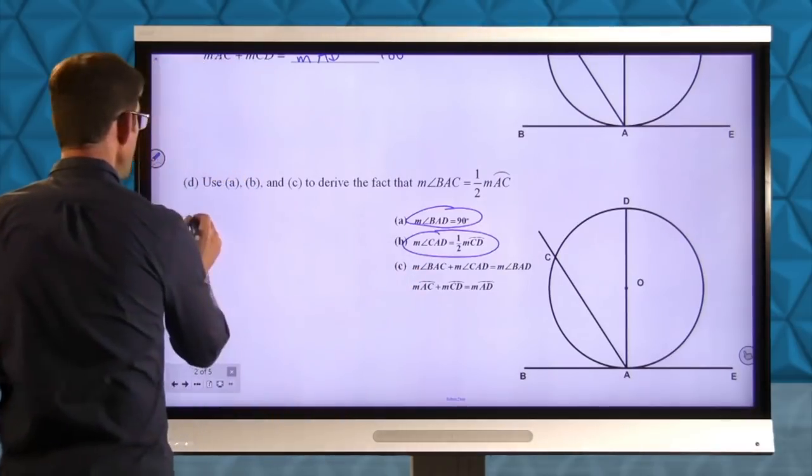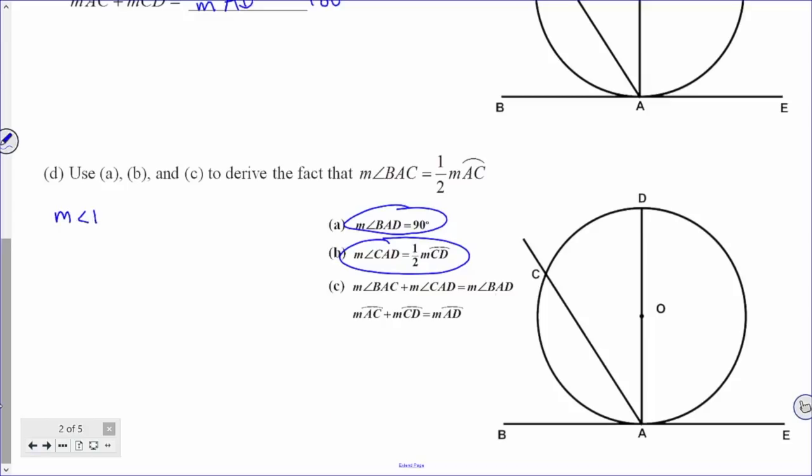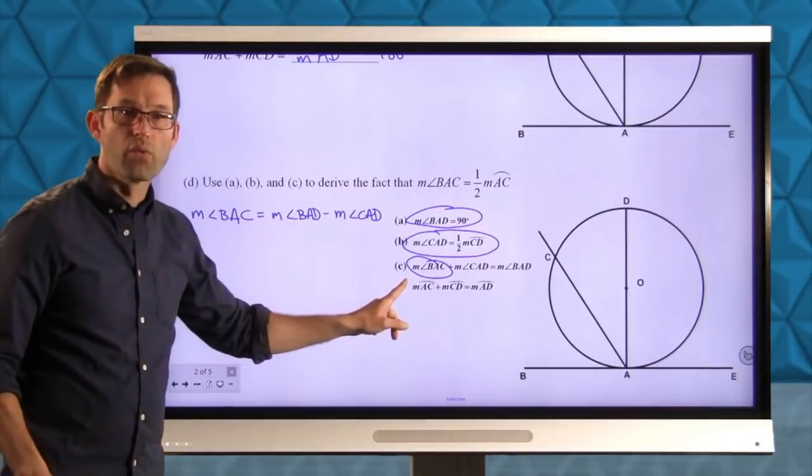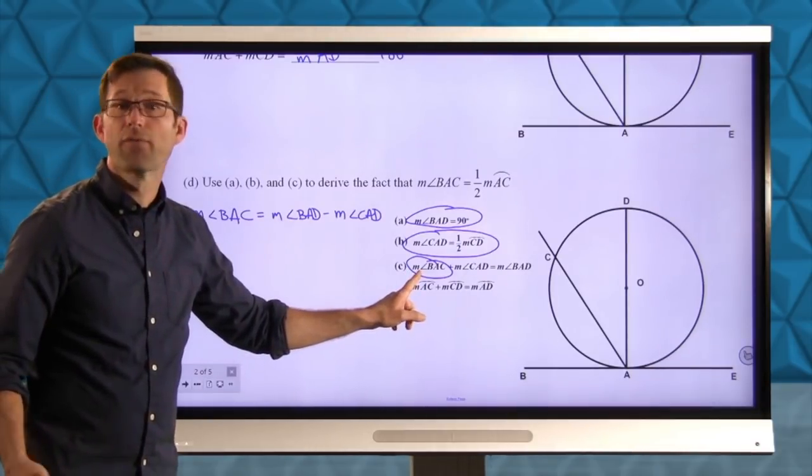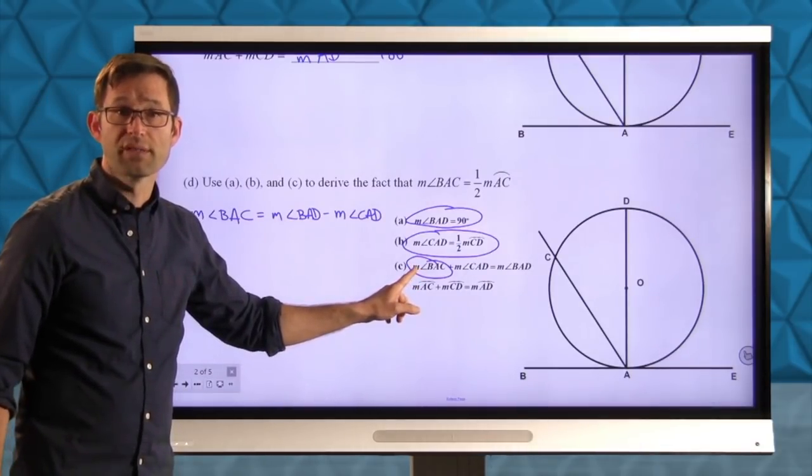So one thing I can do is immediately rearrange the equation in letter C to solve for BAC. In fact, the measure of angle BAC will be the measure of angle BAD minus the measure of angle CAD. So all I'm doing here is rearranging this equation to solve for the angle I'm interested in, BAC.